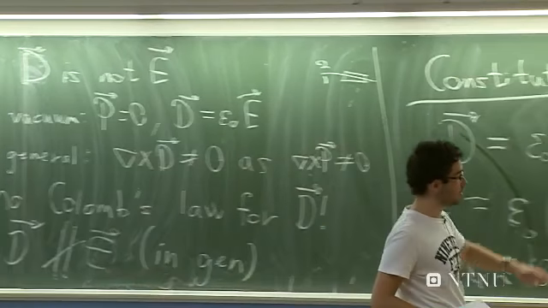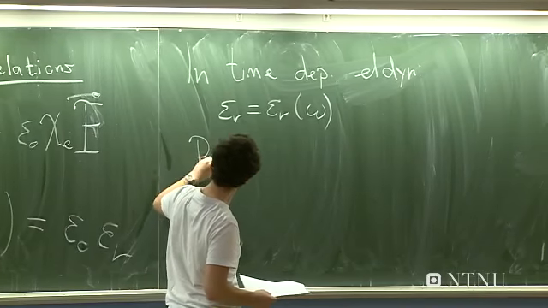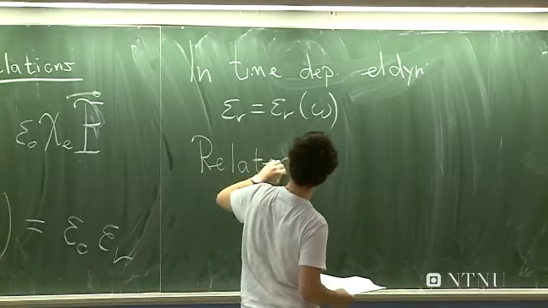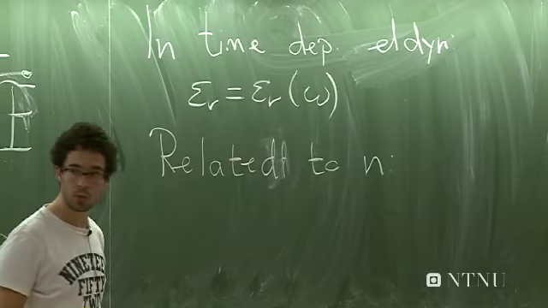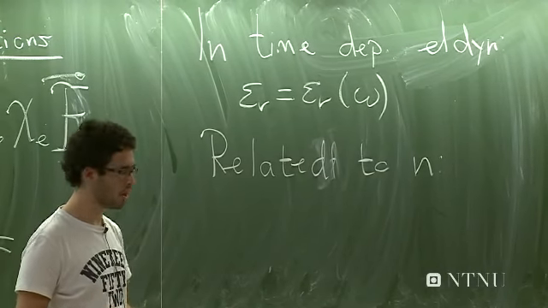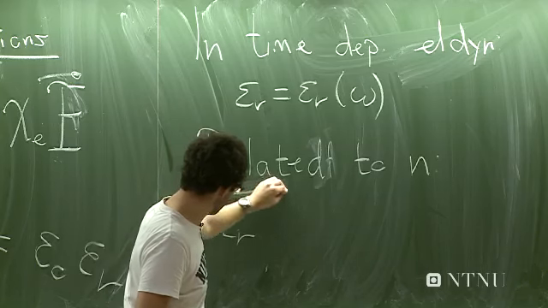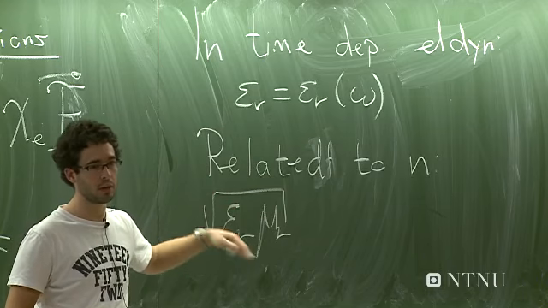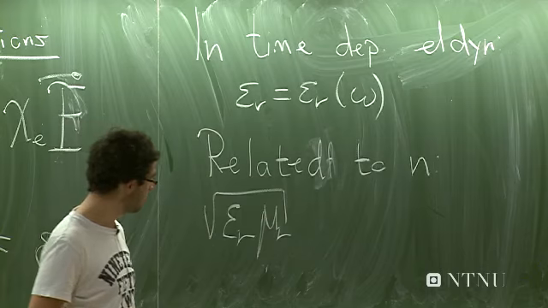Yeah, and also this epsilon r is related to the index of refraction in the following way, which I think we're going to look at later in the course. I'll just quote it. In principle, it's the square root of epsilon r mu r. Mu is the magnetic equivalent, which we'll be discussing next chapter.